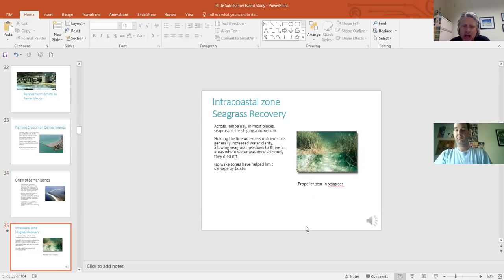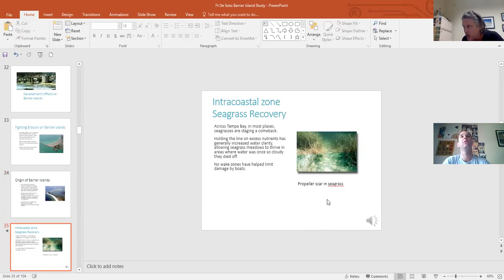We've been doing a good job with seagrass recovery because organizations like Tampa Bay Watch have been replanting seagrass, replanting salt marsh, building oyster domes. No wake zones cut down a lot of damage because a prop scar can take a decade to heal.